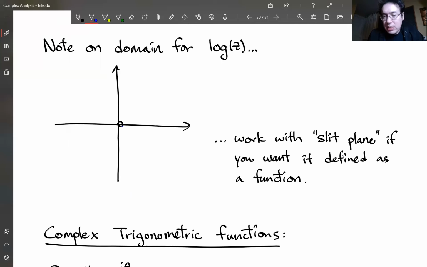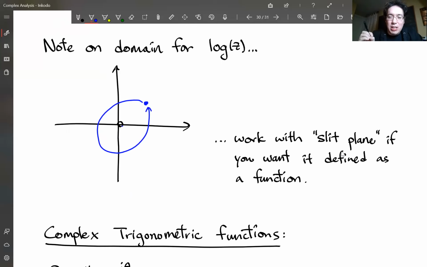That is impossible, because if you start somewhere and you wrap around, your argument will increase, and when you come back to the same location, the argument should increase by 2 pi, but if you start with a particular argument and then you come back to it, you're off by 2 pi i in the imaginary part of the function.